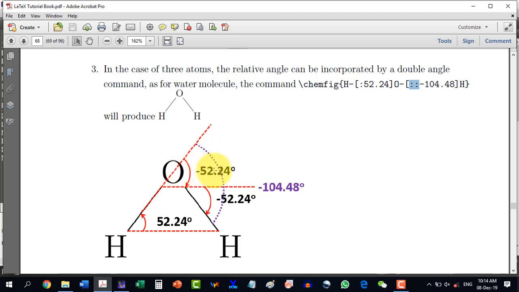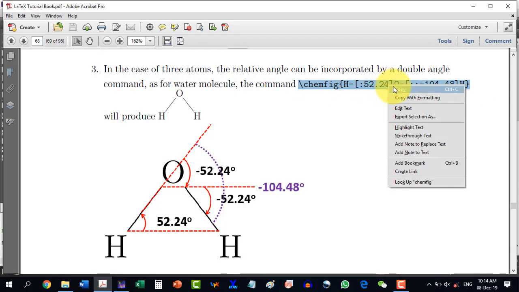And then from this horizontal line, if I make another horizontal line here, I will have to come till here with another minus 52.24. So combinedly from this line to this line, it is minus 104.48. So this will make my water molecule.